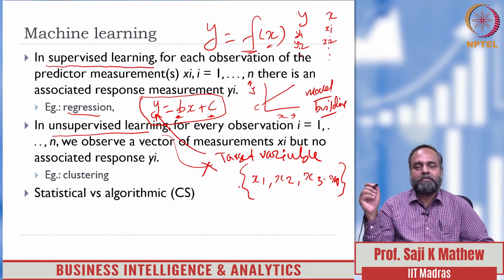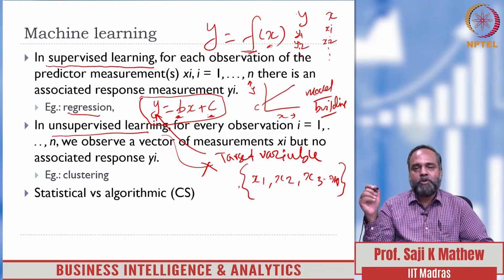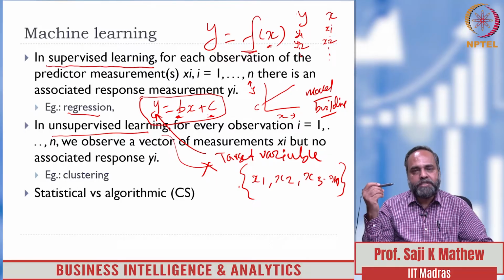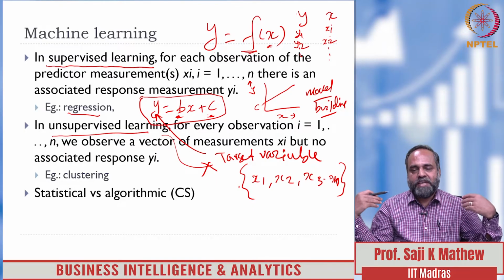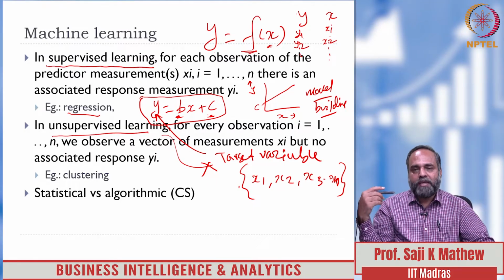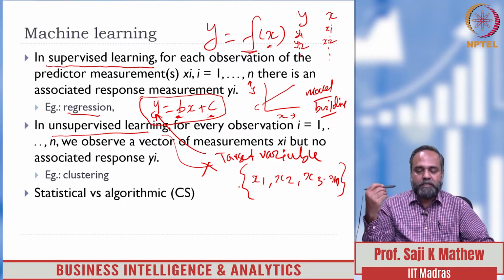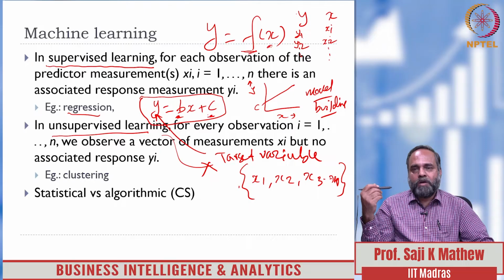Think of an individual. Here I am talking about an individual's attributes. An individual has attributes like height, weight, various measurements of the body, and color. There are several attributes that represent a person.